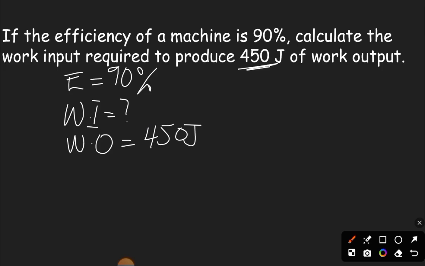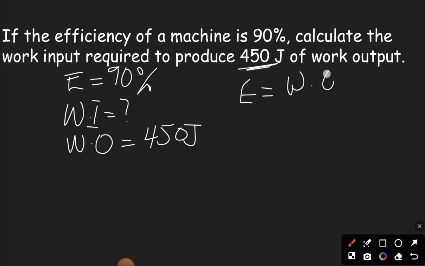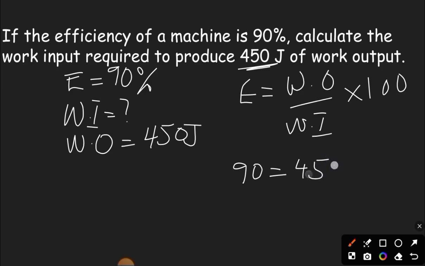So you go by the formula, efficiency equals work output over work input times 100. So our efficiency is 90. 90 equals, the work output is 450. Let's represent work input with x, over x times 100.